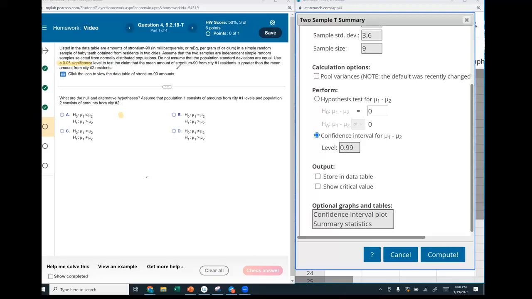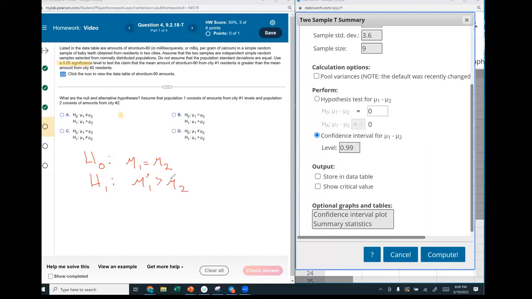So here's what we do. We have H0 and we say mu1 is equal to mu2. And our alternate hypothesis, so the claim is that the mean amount from city 1 is greater than the mean amount from city 2. So I can say mu1 is greater than mu2.